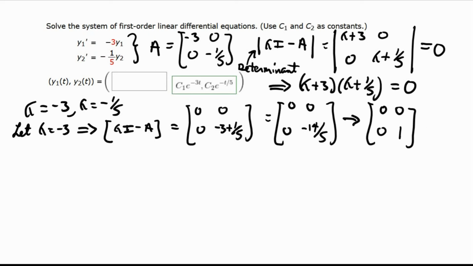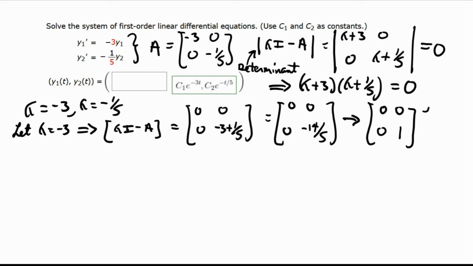From here we basically find the null space, and notice here that x of 1 is free, because for the first row we get 0 and 0.